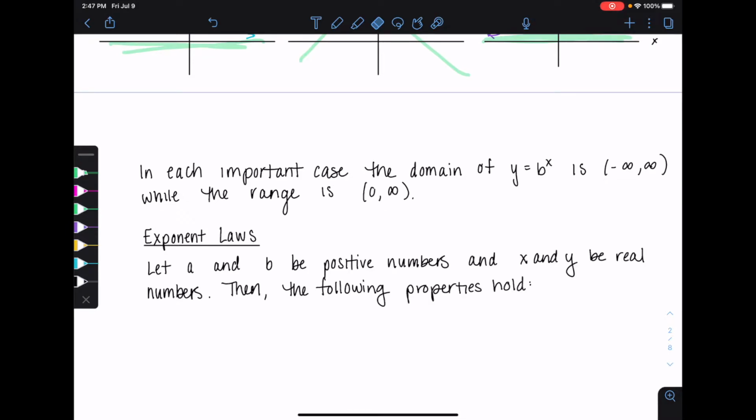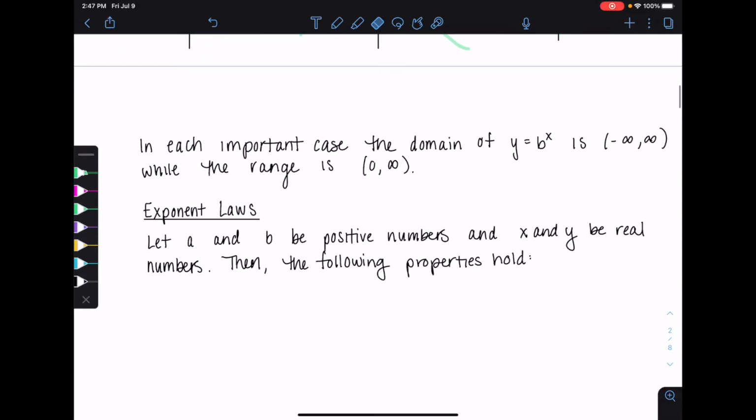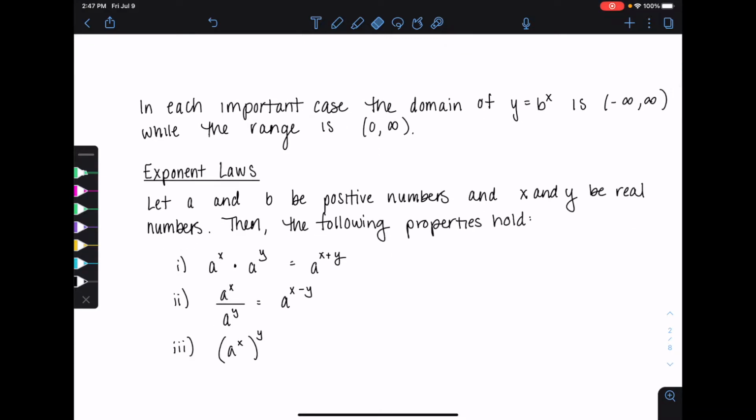If a and b are positive numbers and x and y are real numbers, then the following properties hold. First, if you take two things that have the same base and they have different exponents, or even the same, you add the exponents. If you divide two quantities, you subtract their exponents. If you take an exponent to another, you multiply them.